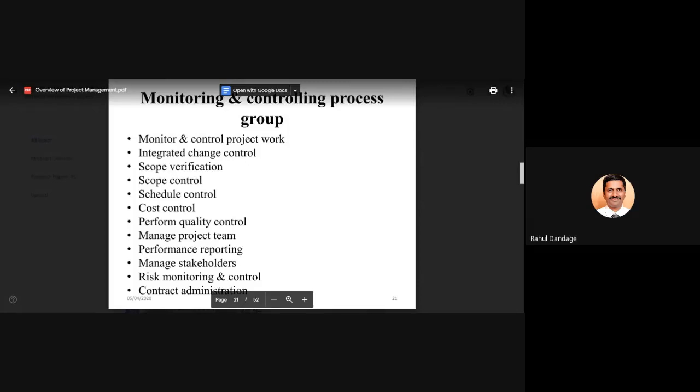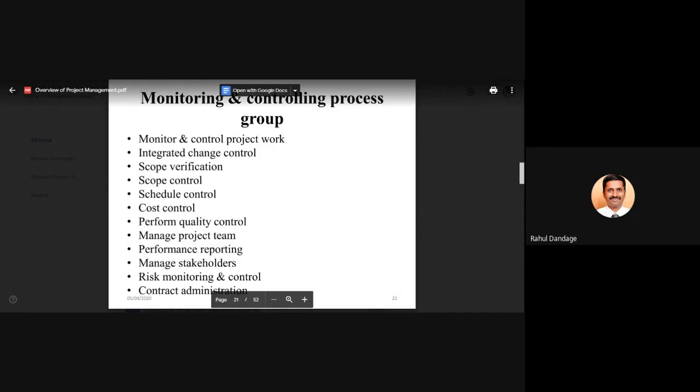At the same time, we have to manage the project team. We have to go for performance evaluation, monitoring the performance, reporting the performance to the HR department, manage the stakeholders, their expectations, their requirements. We have to also monitor the risks, and we have to control them so that they will not hamper the scope, schedule, cost, quality, etc. of your project.